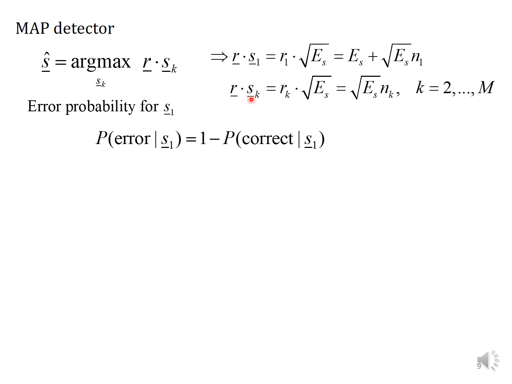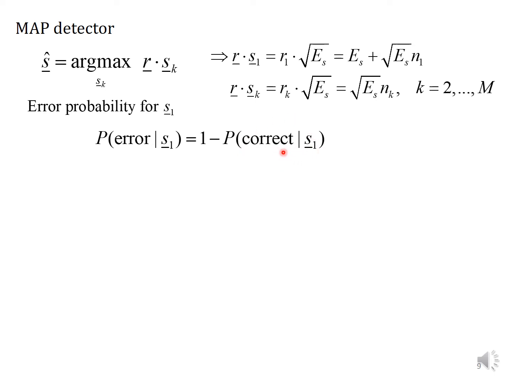Any one, or more than one, sources could be greater than the first correlation. So there are many different error cases, and it's difficult to find all of them. The easier way is to take all the probability minus the correct detection probability.